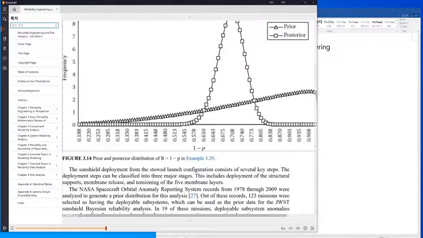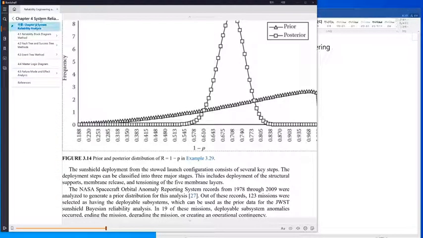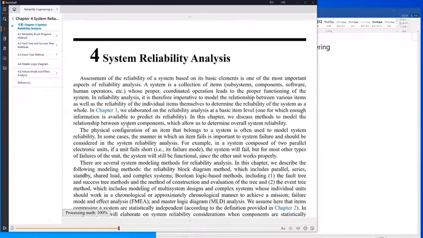If you are interested, then I highly recommend you read what is written in section 3.6.